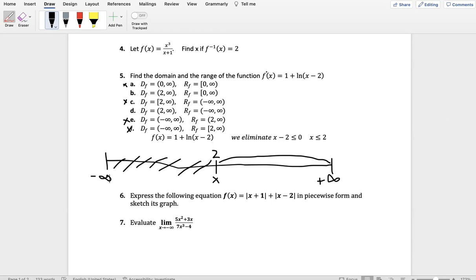So the set of all the values that this f of x could have, right? So when you plug in x, the range is the set of all the values f of x would have. So all the values that this could have, 1 plus ln of x minus 2.